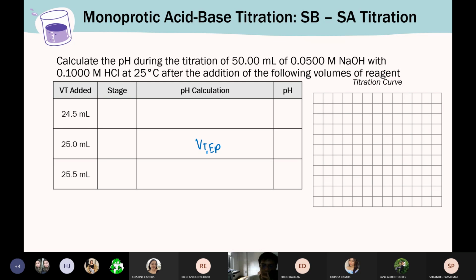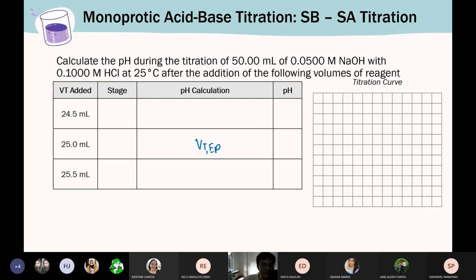Ano yung VTEP natin dito sa problem? Okay, so it's 25 na. Kaya nga sinakto ko na siya dun.